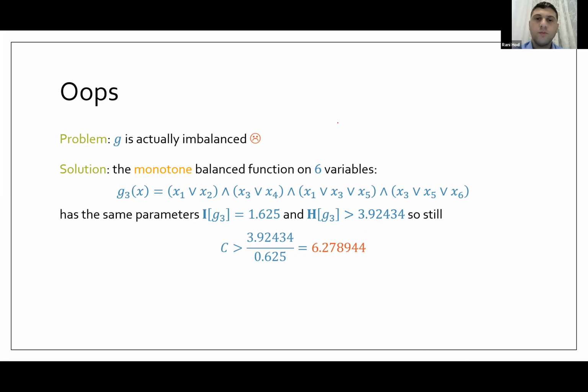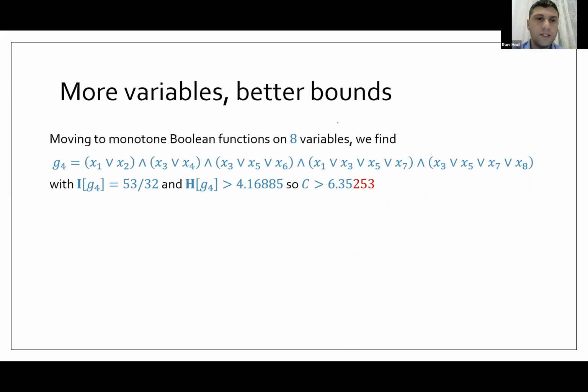So this is the starting point. And from here, we want to look forward and see if we can find some other function, a better function as g. And indeed we can. 7 variables doesn't give an improvement. 8 variables, we have some improvement. As you can see, we got, instead of 6.27 something, we get 6.35 something. So not a huge improvement. And I'll tell you, we're not going to get huge improvements overall.